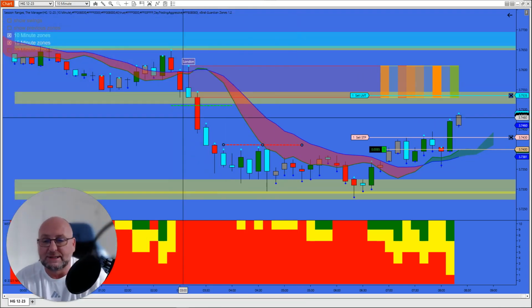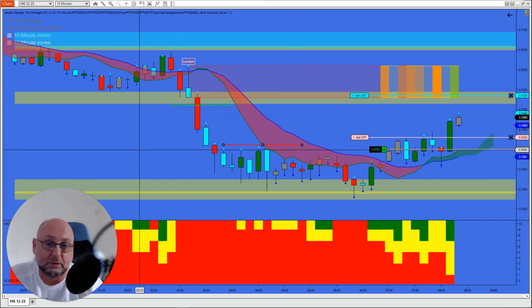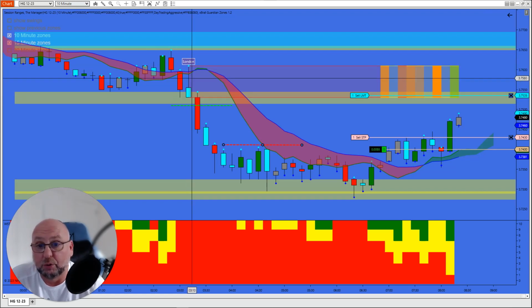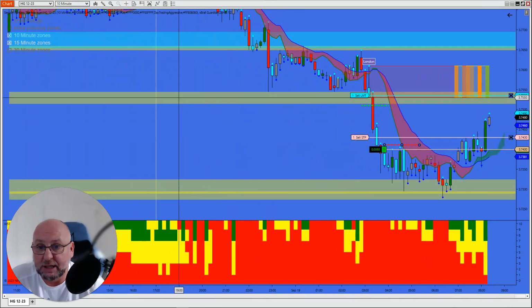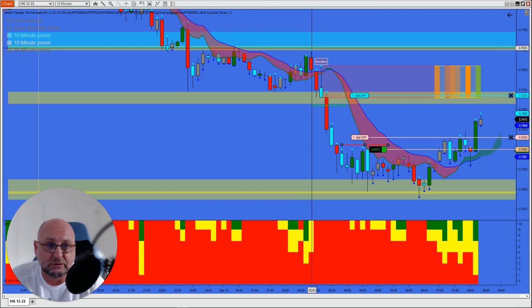Now, earlier on in the day, we had the London Gold Pit open, so the stock exchange open. One thing that copper really responds to is when Europe and London starts to really take grip. So we use the 10-minute time frame here on NinjaTrader, and we can see that the London Open actually found support, that lower support into those Guardian zones just here, just before it had come and tested the 10 and the 15 minute resistance zone.